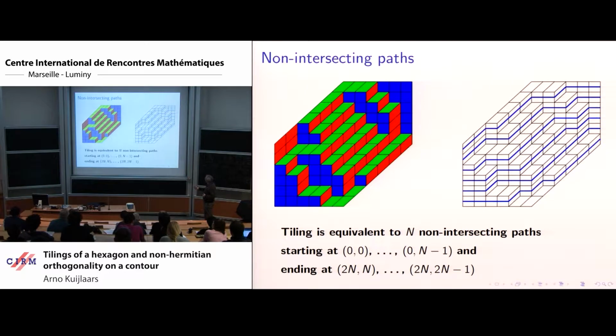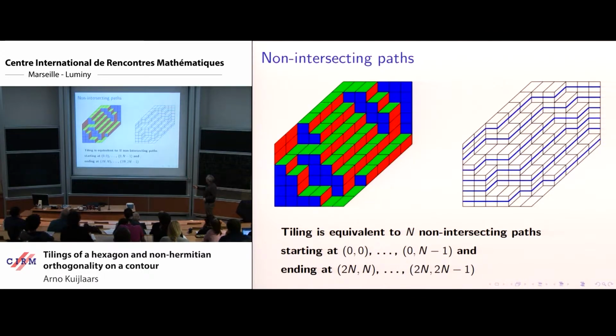Well, actually only the square tiles have a horizontal line on them, and the red ones here that go up also have a line along the diagonal. And these lines then combine to form paths.